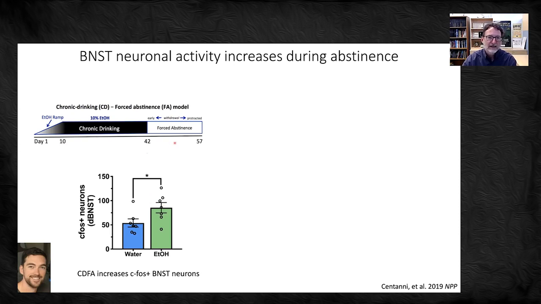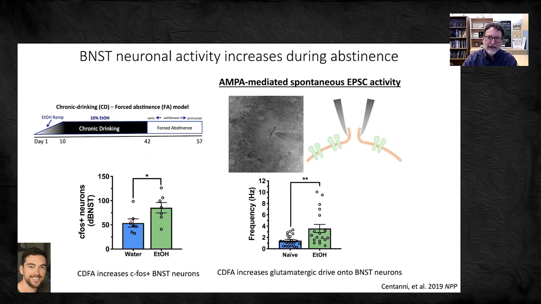And you can see that in this forced abstinence phase, there's more Fos expression in the BNST compared to sham water control animals. And if we patch onto individual BNST neurons in a brain slice and then record excitatory drive from synapses like those insula synapses onto these cells, we see that there's increased excitatory drive onto these cells as well. So a Fos-based increase in activity and an apparent increase in glutamate input onto these cells.